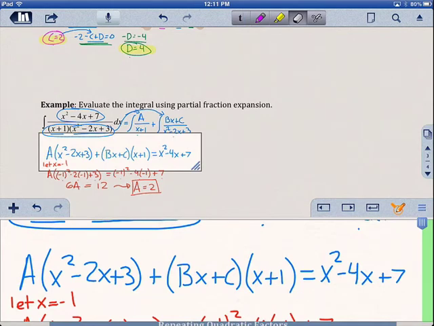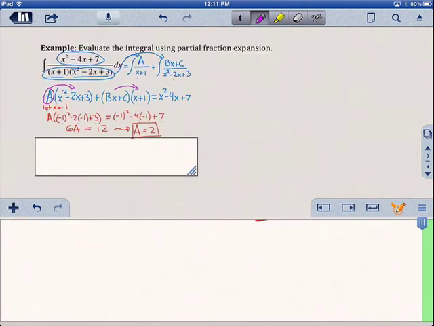So now we need to look into substituting for A, okay, and then multiplying here and then grouping our like terms. So A is 2, which means we're going to get 2x squared minus 4x plus 6.